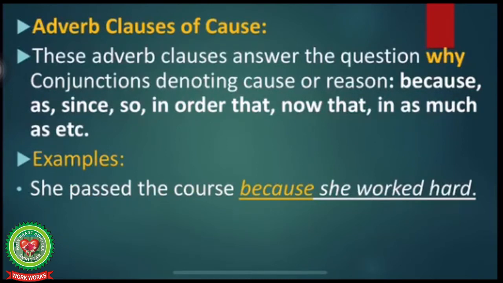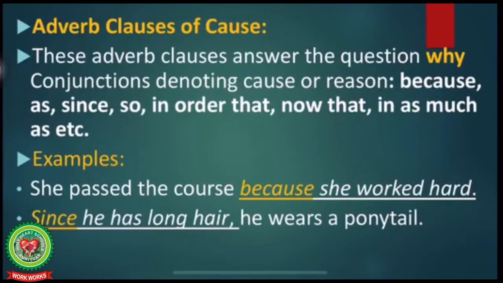Now, in order to identify the adverb clauses of cause, you can ask the question, why did she pass the course? Okay, so because she worked hard. So because she worked hard is the adverb clause of cause. Similarly, see this example. Since he has long hair, he wears a ponytail.